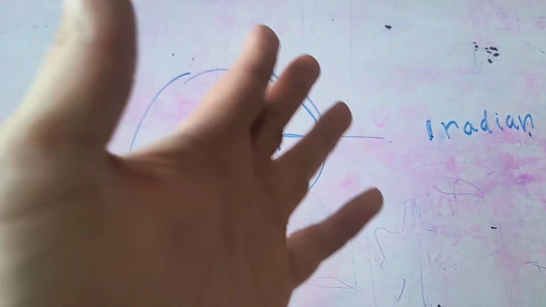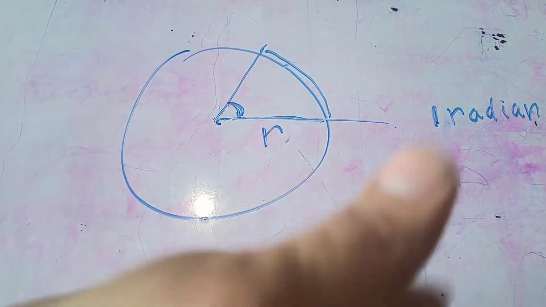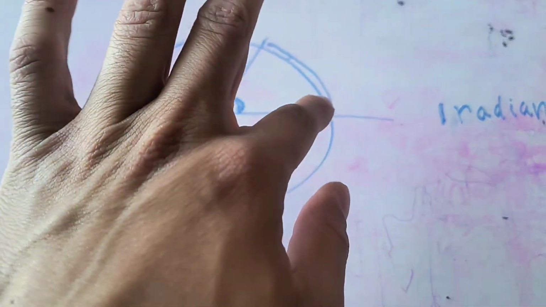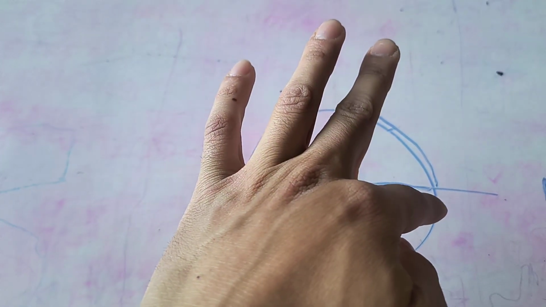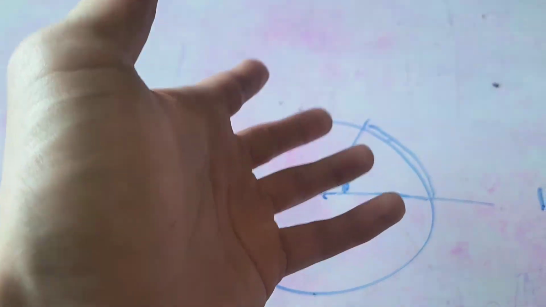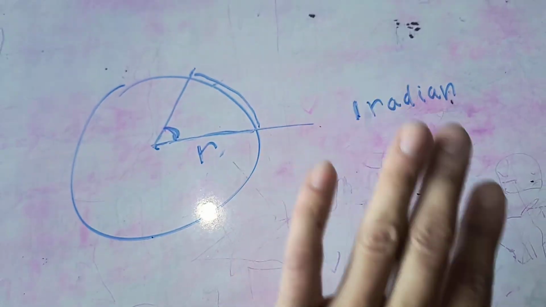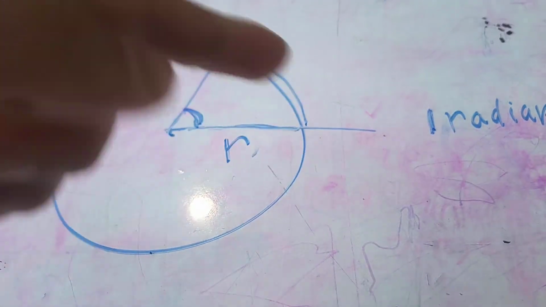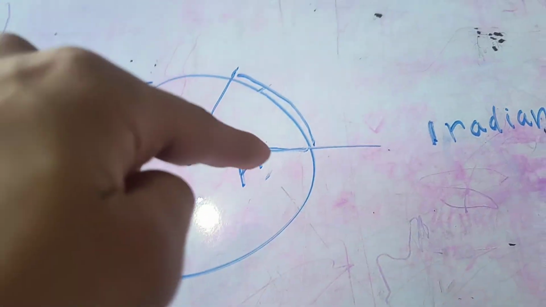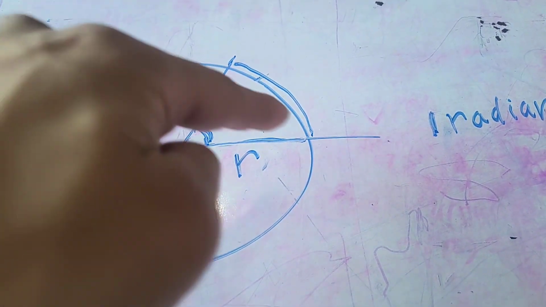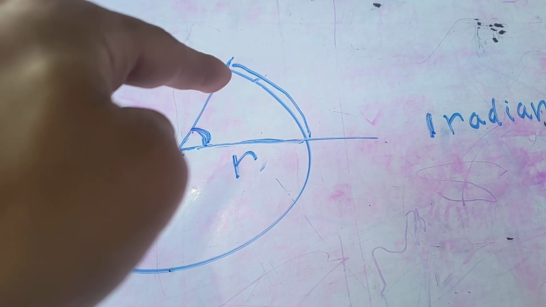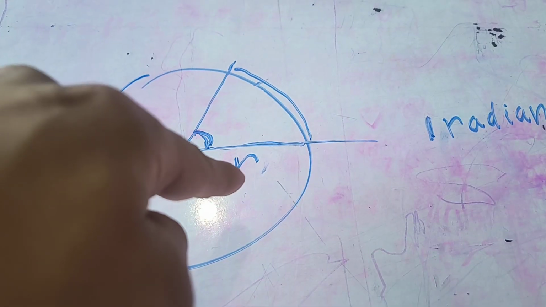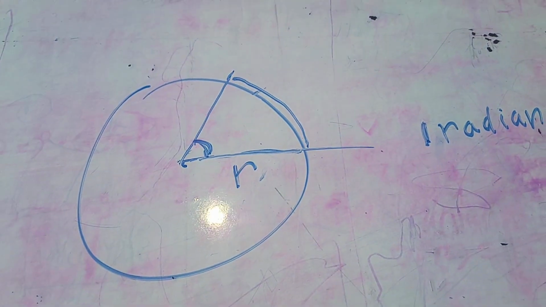So it'll be the arc length between the 2 points you're measuring divided by the radius, and that will get you what we call radians. So an angle of 1 radian means that the arc length of this circle is equal to the radius of the circle.